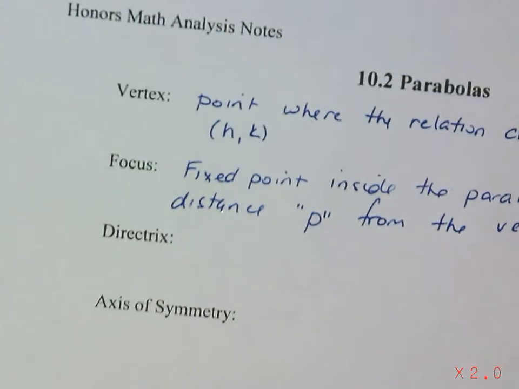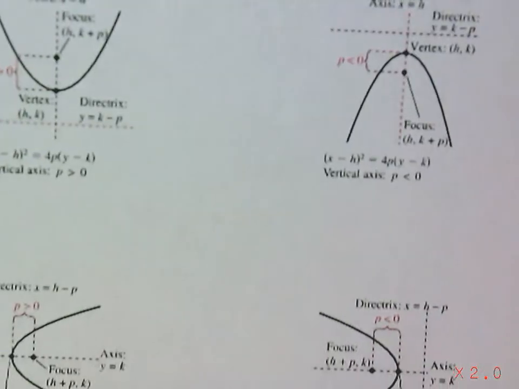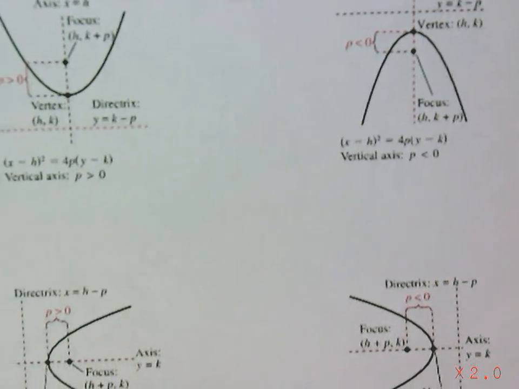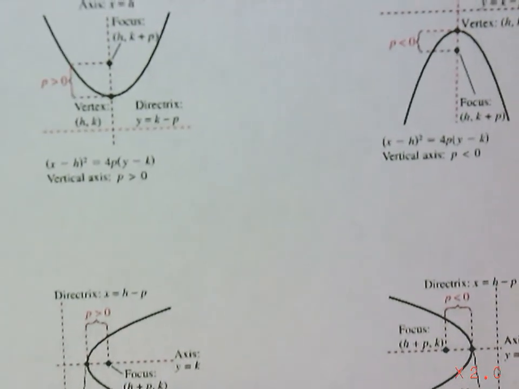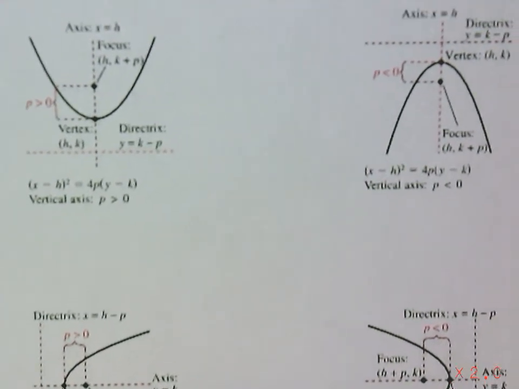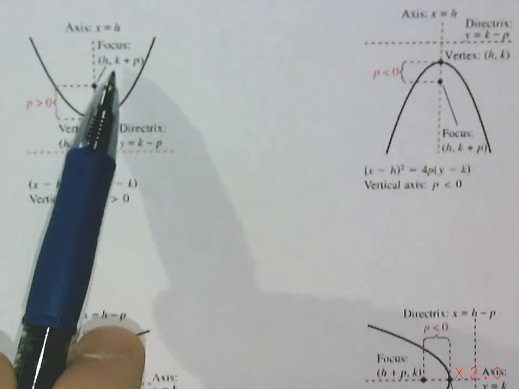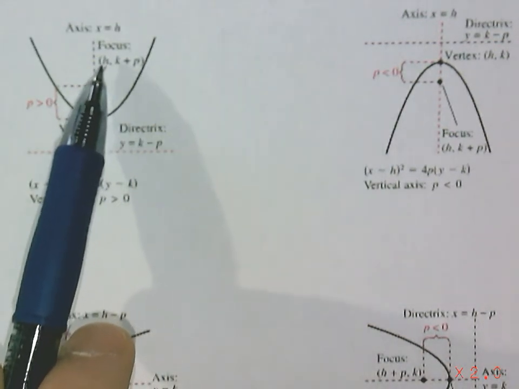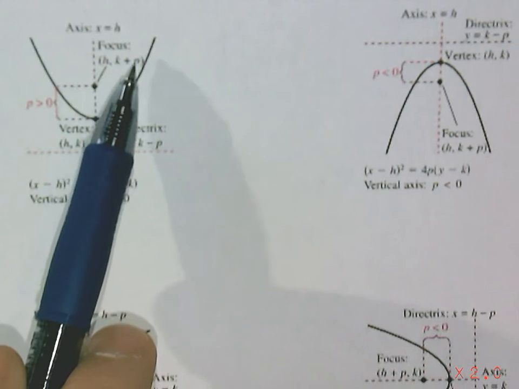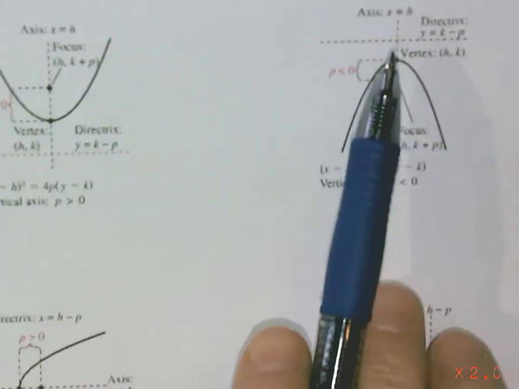There are formulas that go with this, and I don't memorize the formulas. I like to understand it. For students who like the formulas, I'll be glad to give you the formulas on any quiz or test. So here, the formula is (h, k plus p), because you're moving up.